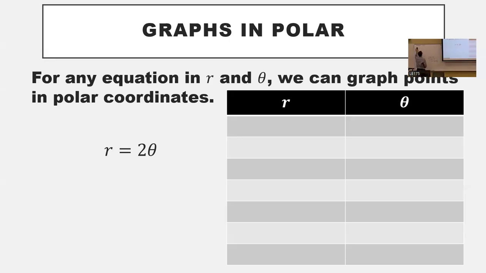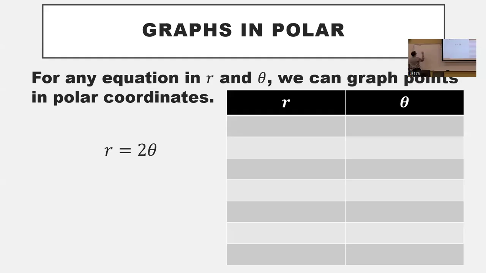Now, one thing we can do, if we have an equation in polar form, usually the standard is that we write r is equal to a function of theta. Just like the standard in rectangular form is y is equal to a function of x. The standard in polar form is r is equal to some function of theta.